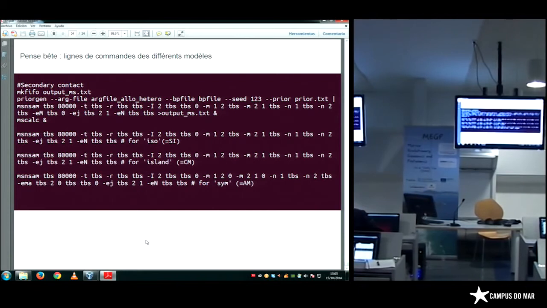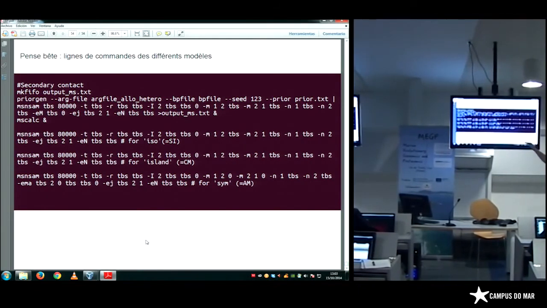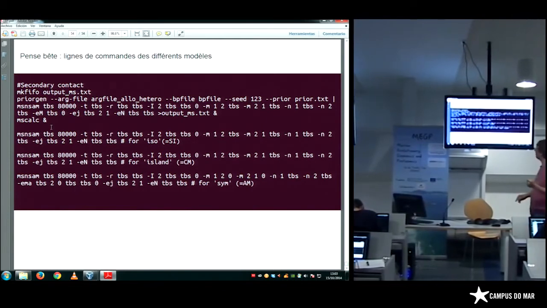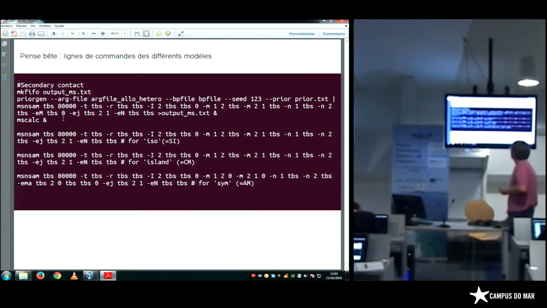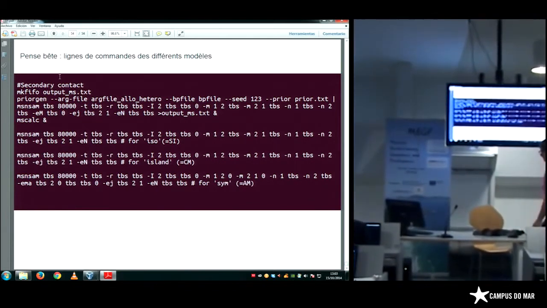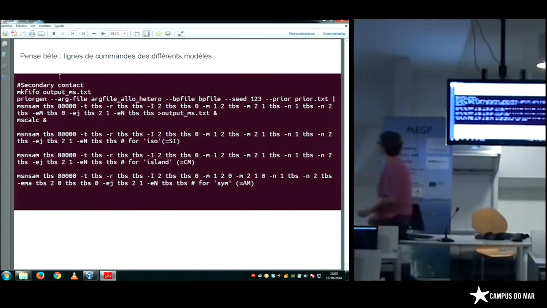But you have the command lines of the scenarios I presented yesterday. You will see that TBS will be used to call the value of the parameters in a text file that will be generated by PriorGen.